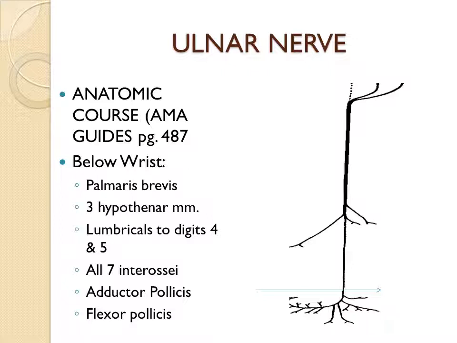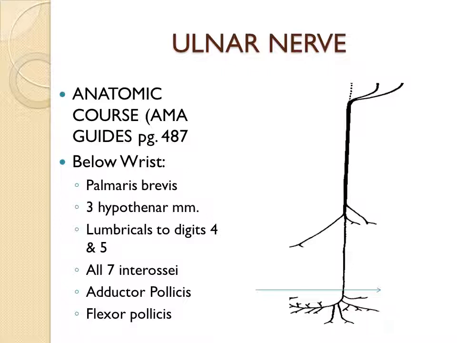The ulnar nerve then continues down the forearm, again unbranching, until it passes below the wrist. Below the wrist, it sends off several branches. It sends off a small branch to the palmaris brevis. As we said earlier, it sends off branches to the 3 hypothenar muscles, to the lumbricals of the 4th and 5th digits, and to all the dorsal and palmar interossei muscles.